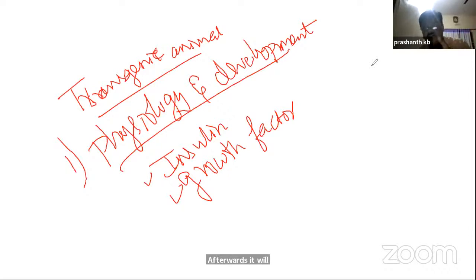If the insulin breaks down the glucose present in the blood, your insulin is working. So, students, I want to repeat: physiology and development, for success in treating, insulin and growth factor. These were the 2 things. Please don't write any other example. On page number 212, they have given only these 2 examples.